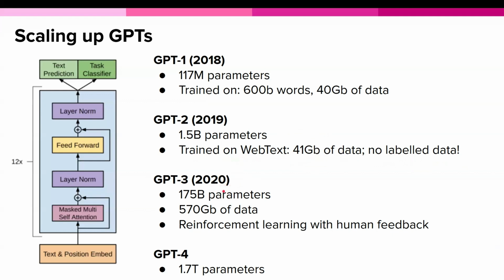And then in 2020, GPT-3 was released, and that had 175 billion parameters. This was trained on an even larger data set, 570 gigabytes, gathered from a wide range of sources like books, Wikipedia, things of that nature.